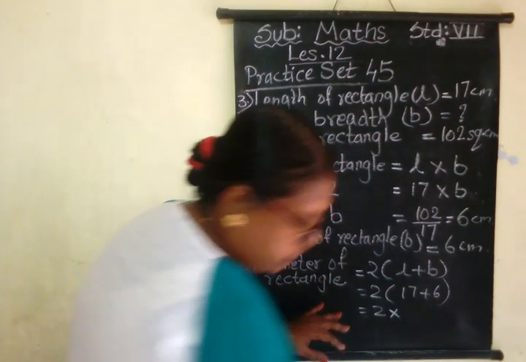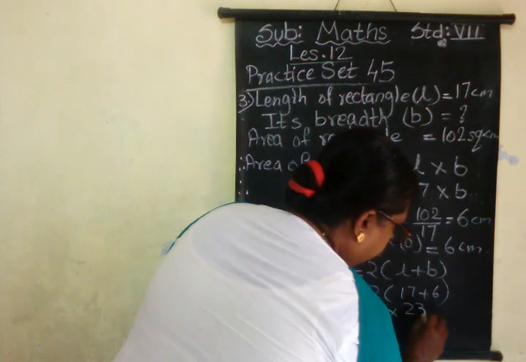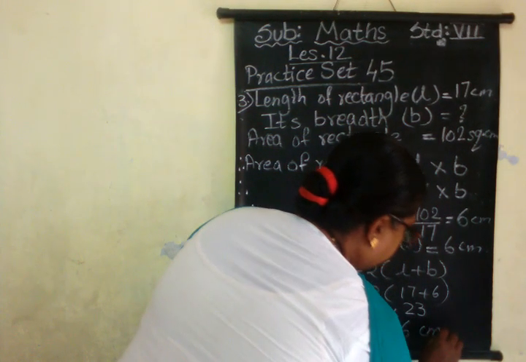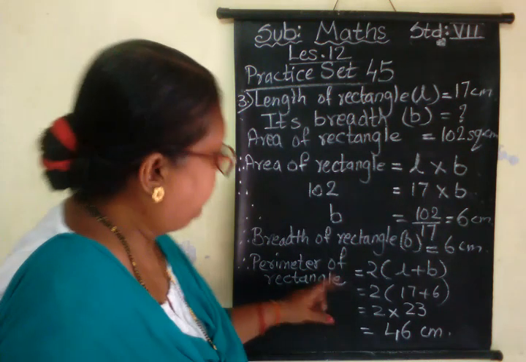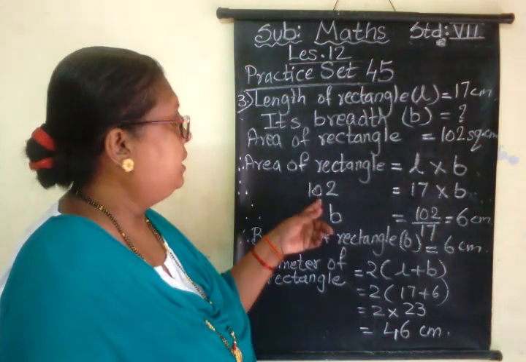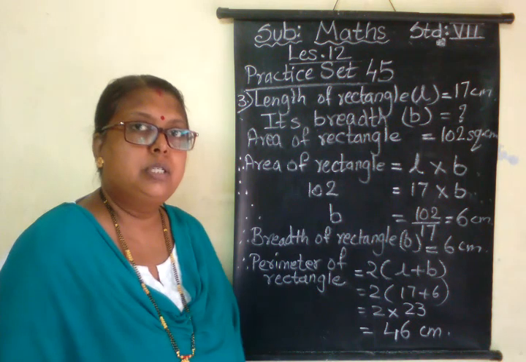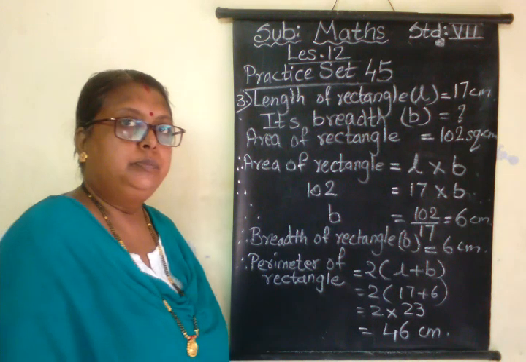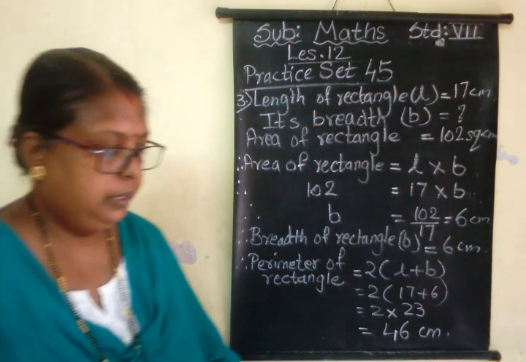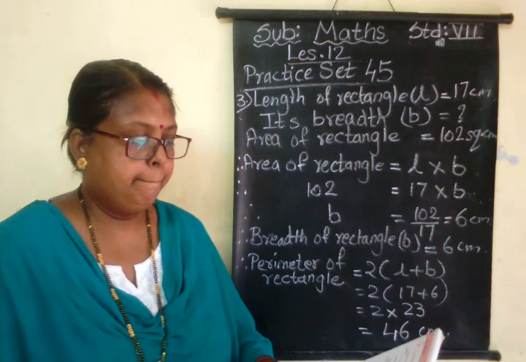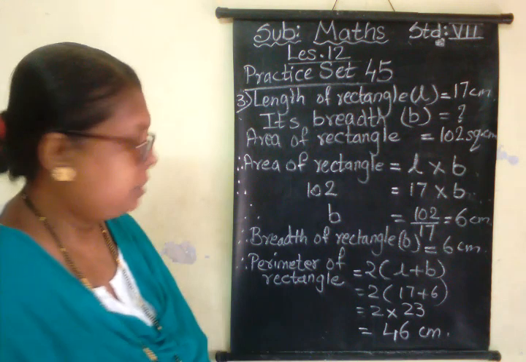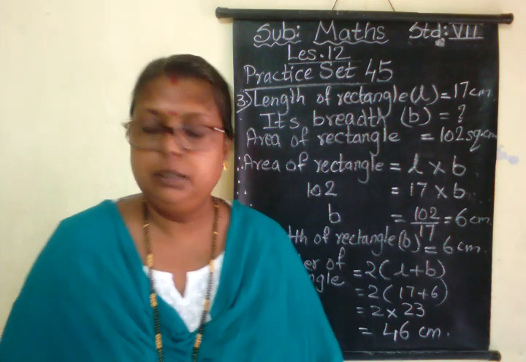How much is that, children? 23, and the answer is 46 centimeter. So perimeter of the same rectangle is 46 centimeter and area is 102. So this is your third sum. Take down. Over, children. Third sum. Now let us go for the fourth one.